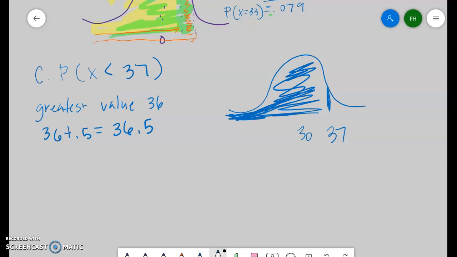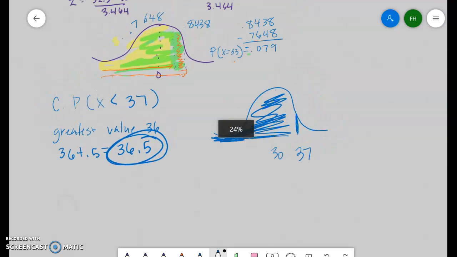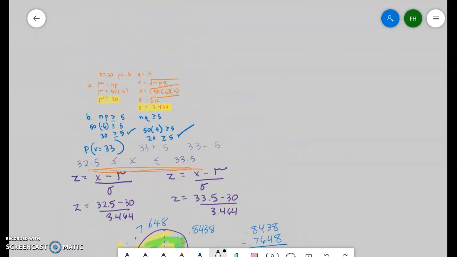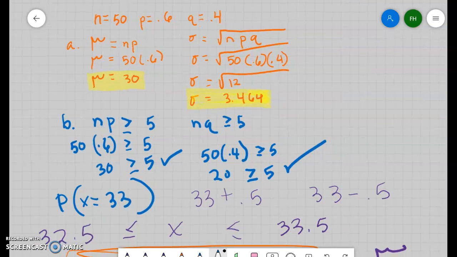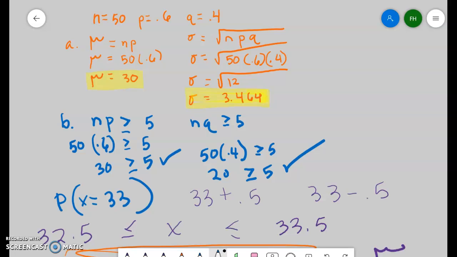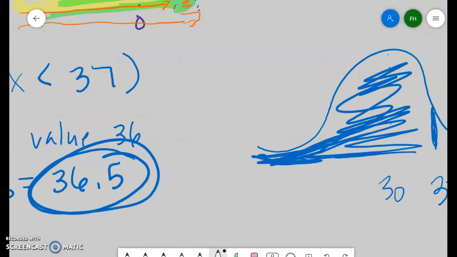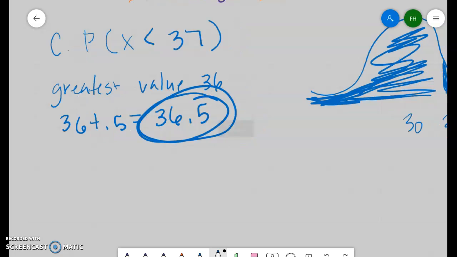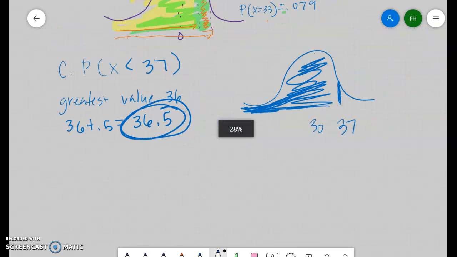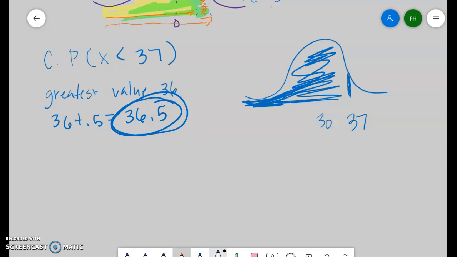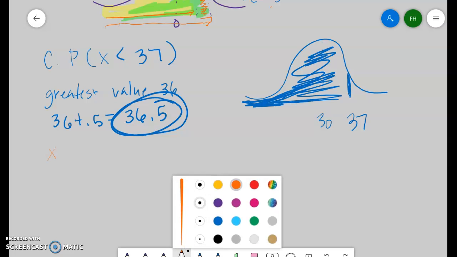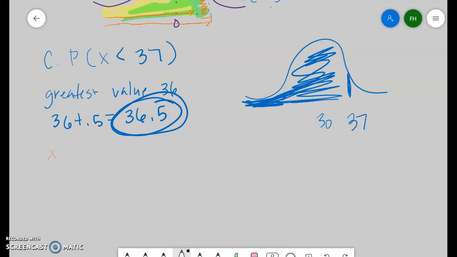So when we go into Excel, 36.5 is going to be X. Now, when we put our formula in, remember our mean, we talked about it in the first video, is 30, and our standard deviation is 3.464. So before we go into Excel, we're not going to have to do any adding or subtracting once we get our answer in the table.